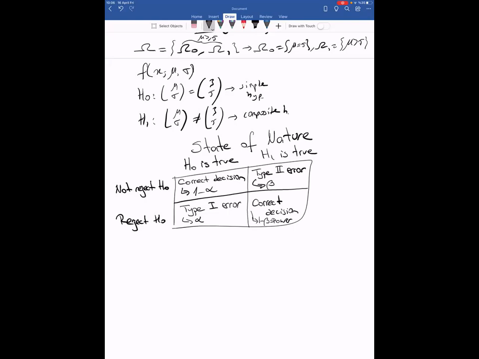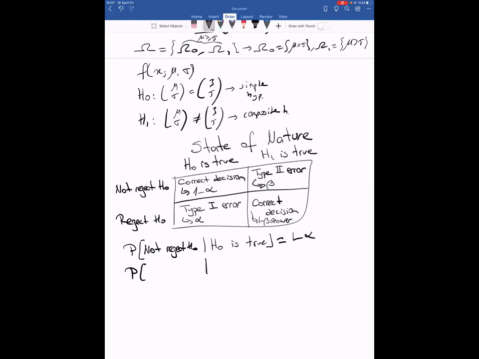Let's write everything out. When we consider the conditional probability, when H0 is true, if we do not reject H0, this probability is 1 minus alpha.